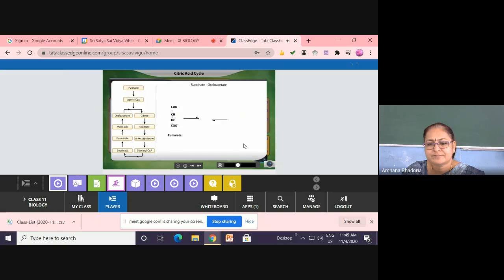Next, fumarate is hydrated to malate by the enzyme fumarase. Fumarase is then dehydrogenated by malate dehydrogenase to oxaloacetate. A molecule of NAD plus is reduced to NADH, H plus. This is the last step of the Krebs cycle.